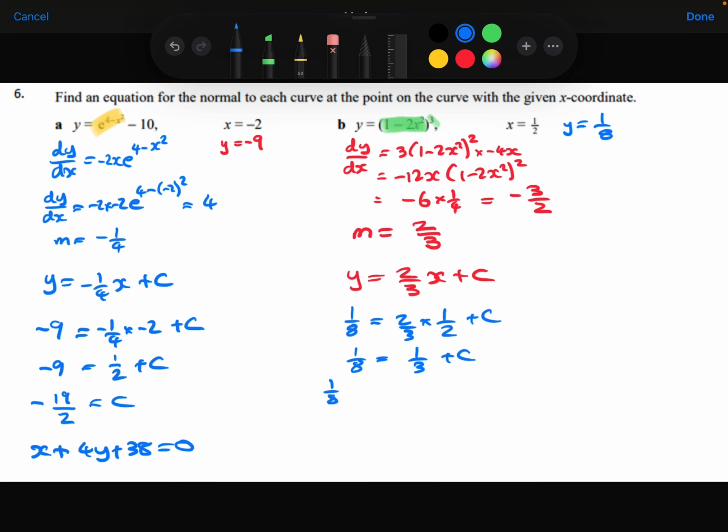So 1/8 minus 1/3 is my c. We'll get a common denominator here quickly. So 3 over 24 minus 8 over 24. So that's going to be minus 5 over 24. So that's my c value that I can put here.